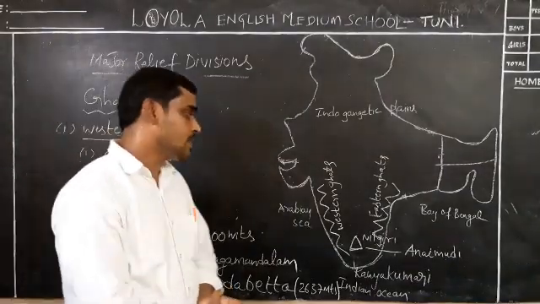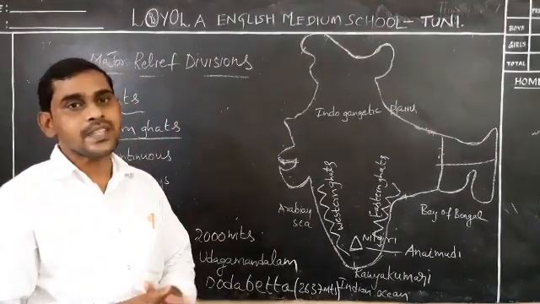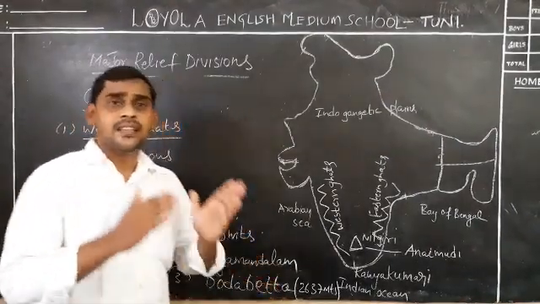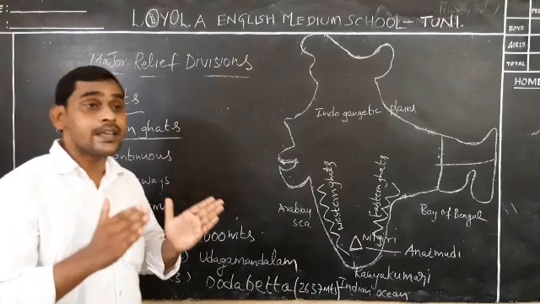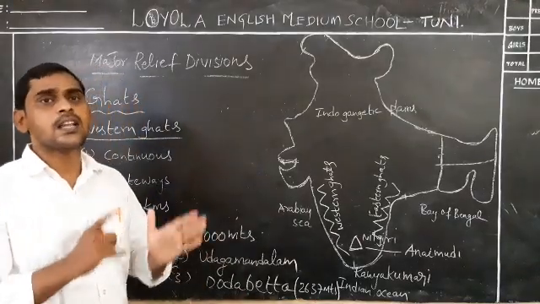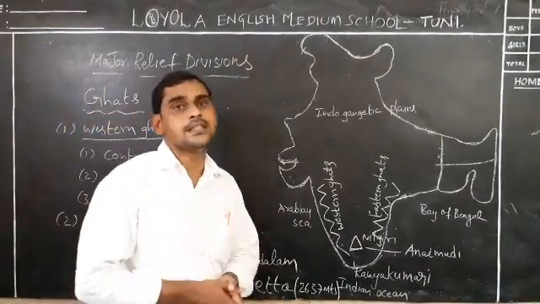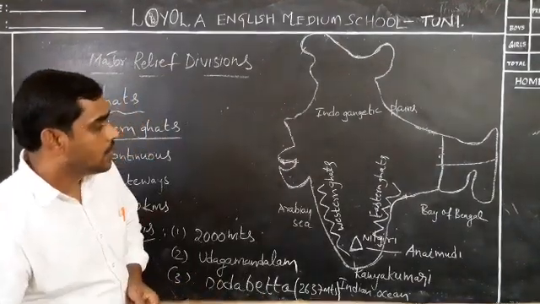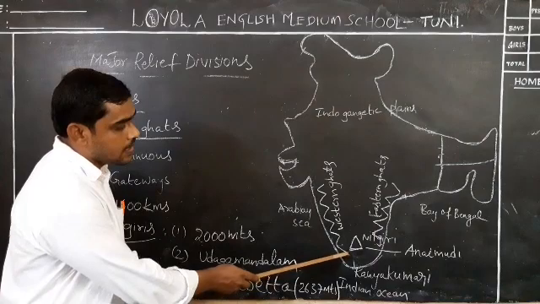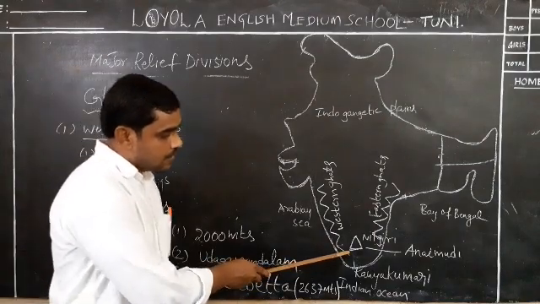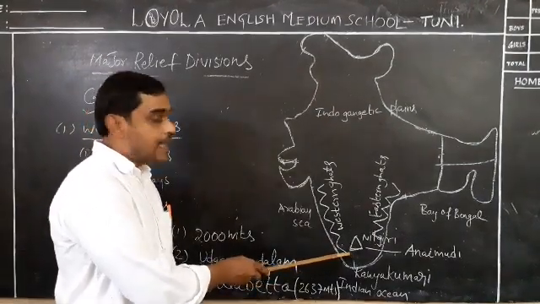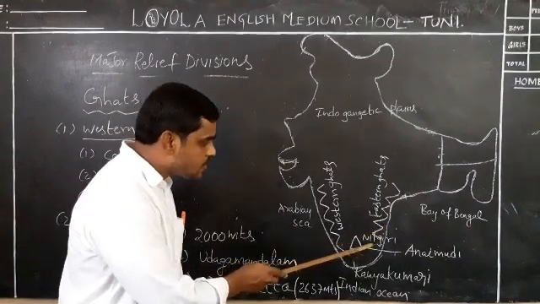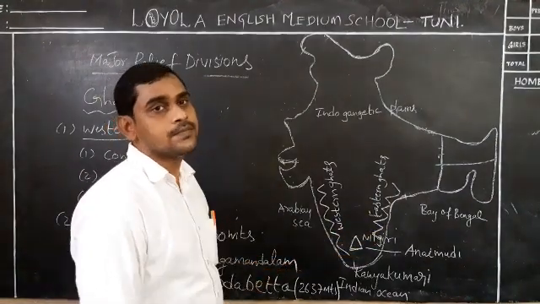And one more thing, in South India there is located one of the highest peaks. What is the name of that peak? The peak is Anaimudi. Once look at the board, all of you. See, this is the peak. Anaimudi is the highest peak in South India.